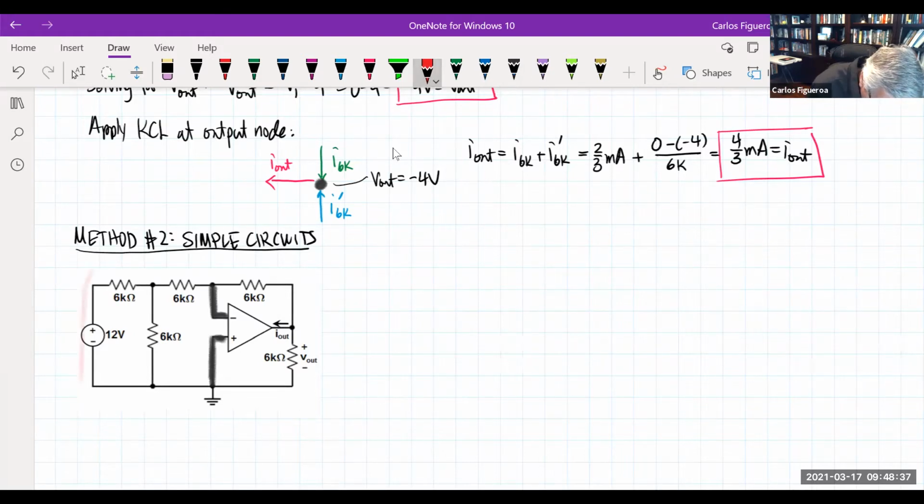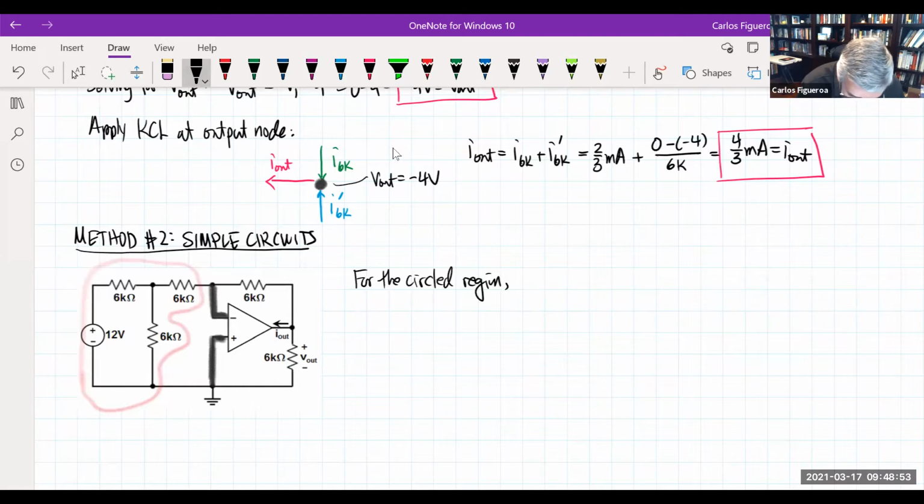I could focus on this guy and use VDR because, for the circled region, this is 12 volts, here's 6, here's 6, here's 6. But remember, this is connected to ground, and they're all connected to the same ground.